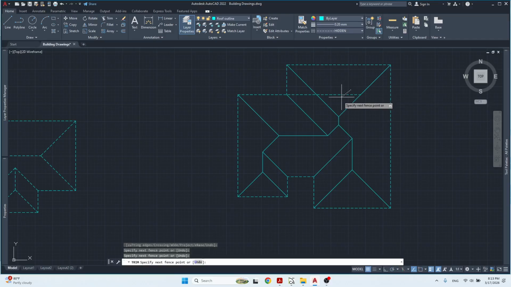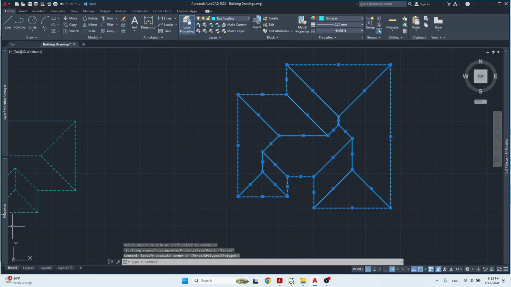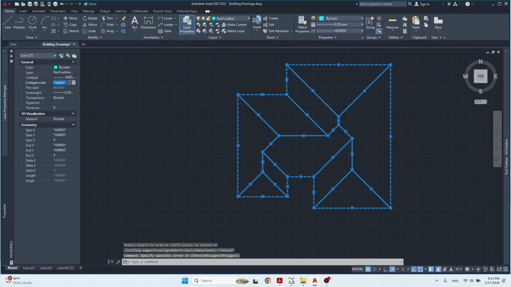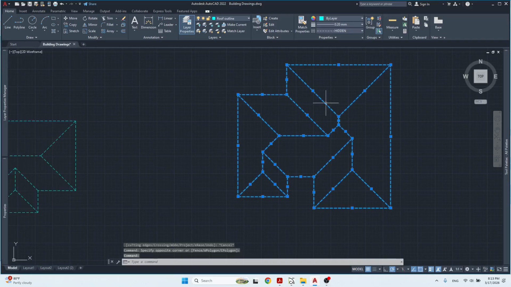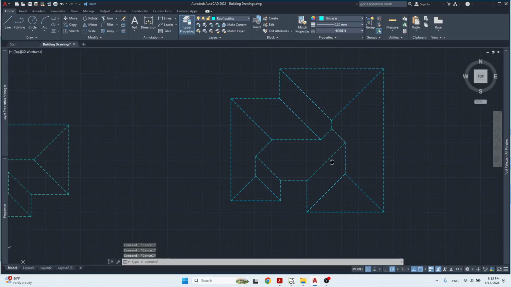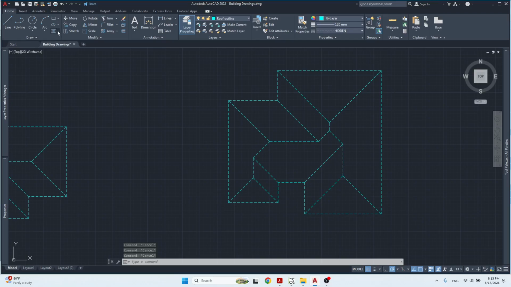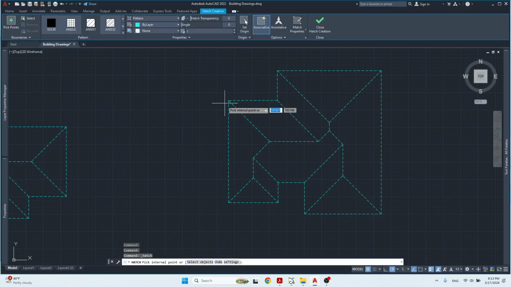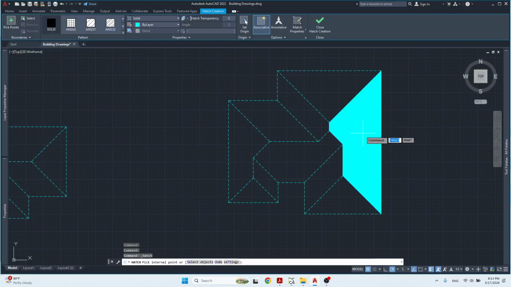So I can trim out all this and make all of this the same line type scale. Right, so here I'm going to use a hatch just to show it. So here let's use a solid, this slope that slopes from left to right.